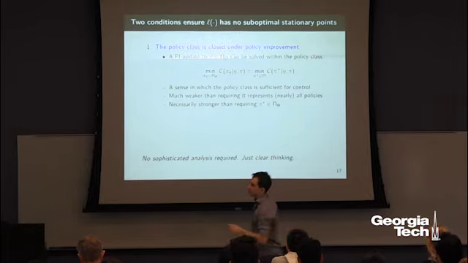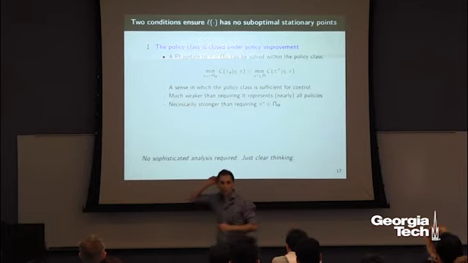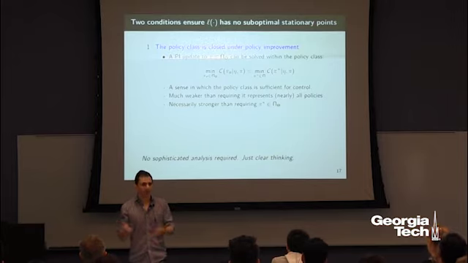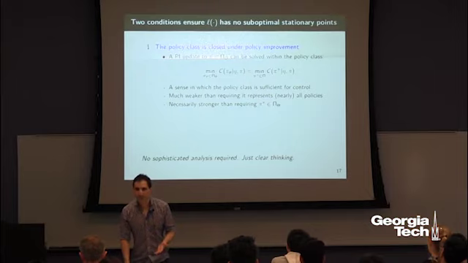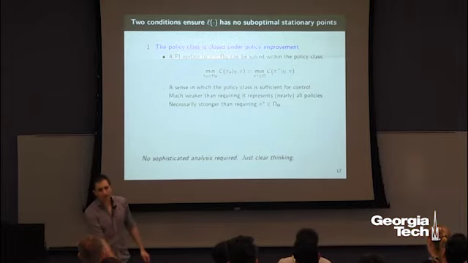Okay. Now, necessarily, it's stronger than requiring that the policy class contains an optimal policy. Because I showed you an example at the very start where the policy class contains the optimum, and yet you can't find it efficiently. But it's much, much weaker than saying that the policy class represents nearly all policies.